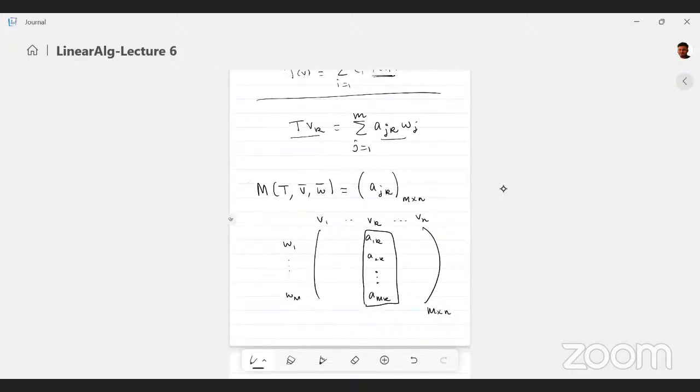That is how you are recording the matrix of T with respect to the bases V bar, W bar. If you know this matrix, then you can recover T completely. If you want to know what T is, you should know only this matrix M of T, V bar, W bar.